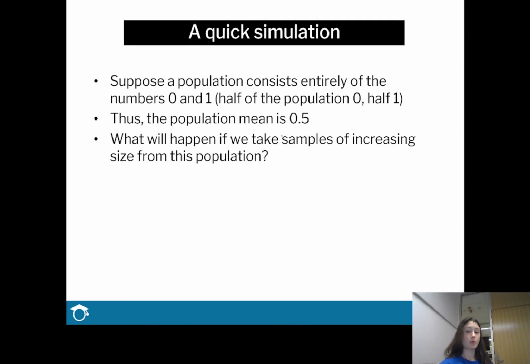The real question is, what would you expect if we increase the sample size? How will that change the results? Will that make them more accurate, because you're taking more samples?